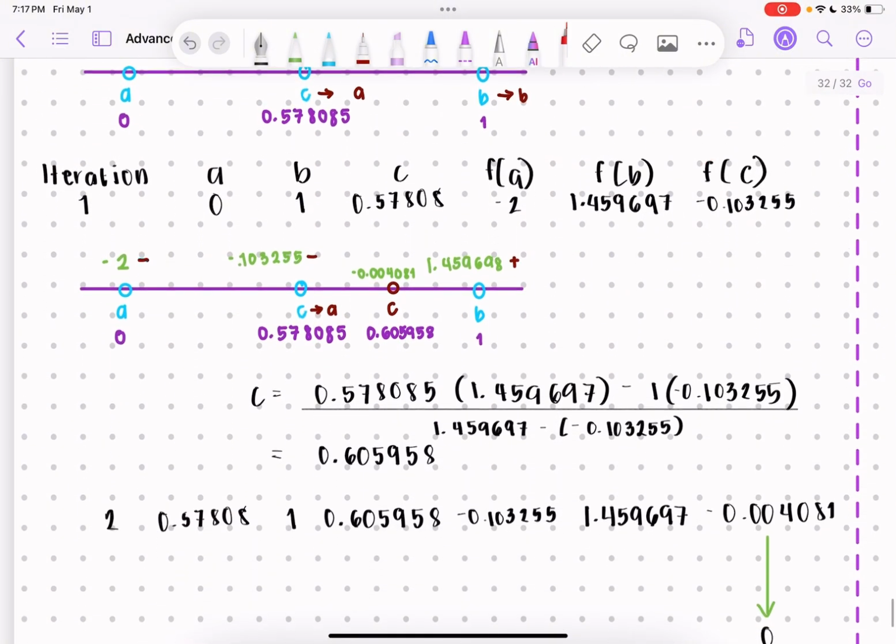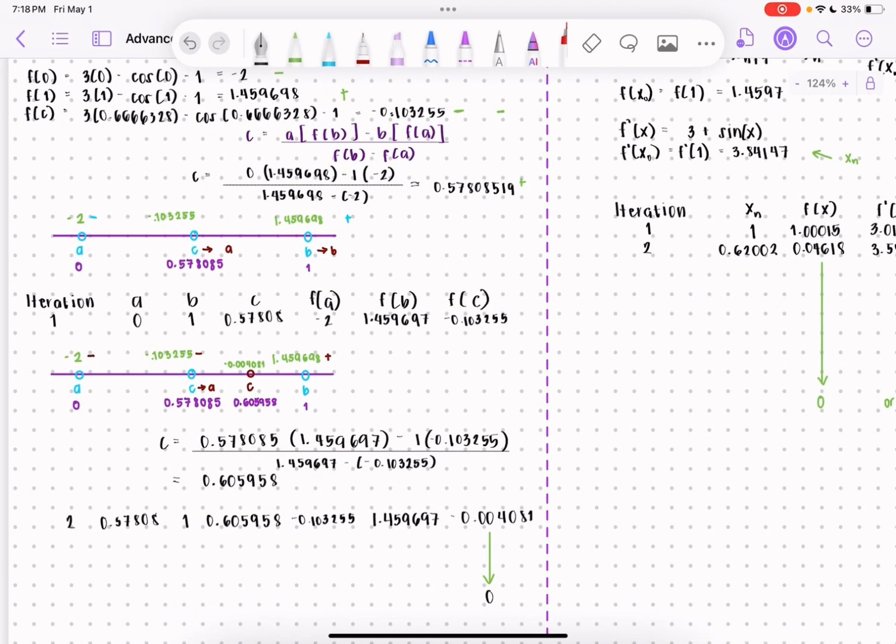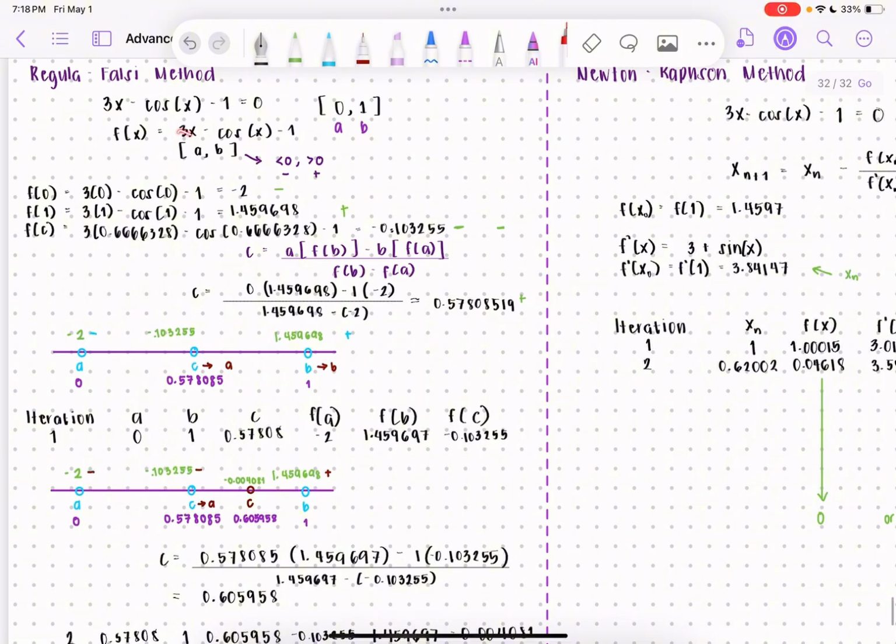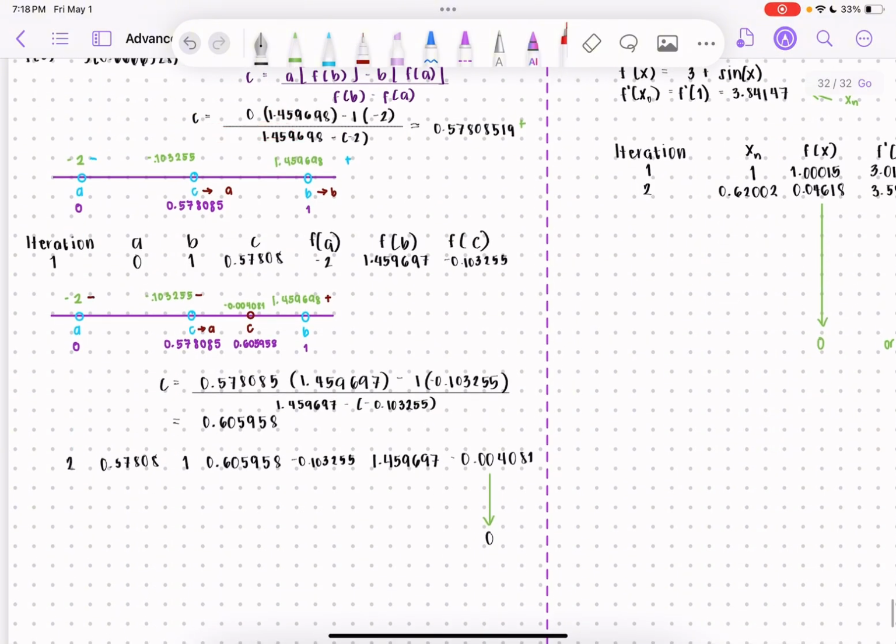By plugging in the values of A, F of A, B, and F of B, we will have 0.605958. And in order to get F of C, just simply plug this again into the main equation, or our F of X.